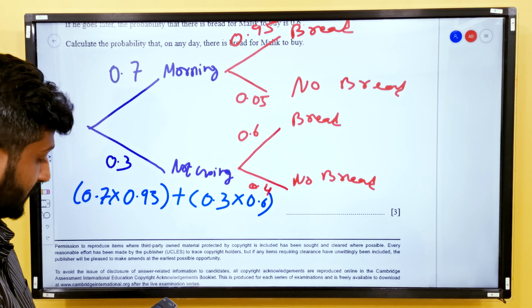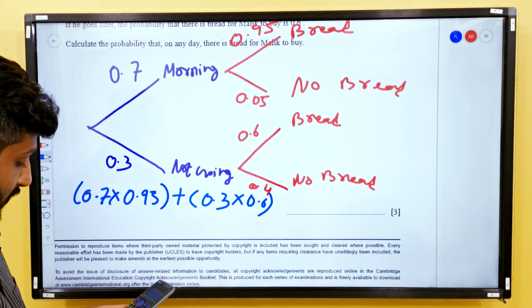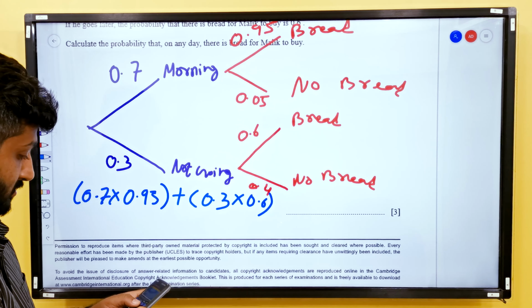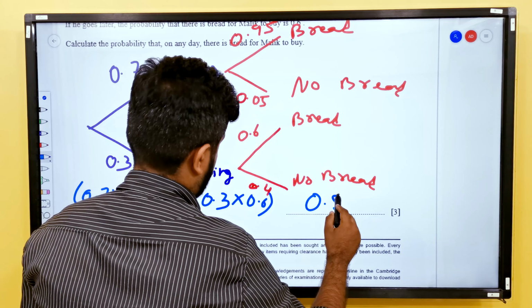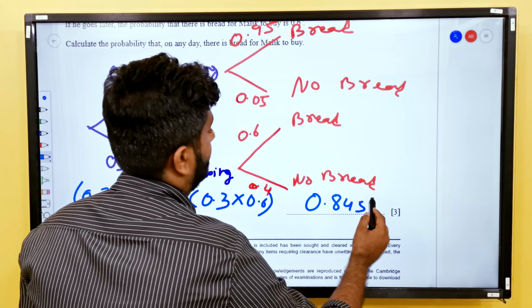So my answer is 0.7 into 0.95 plus 0.3 into 0.6, which comes out to be 0.845.